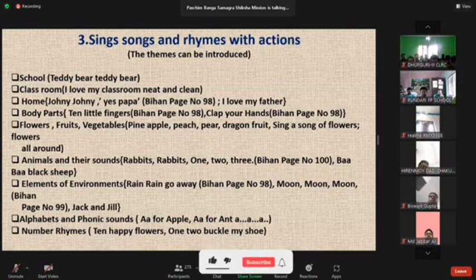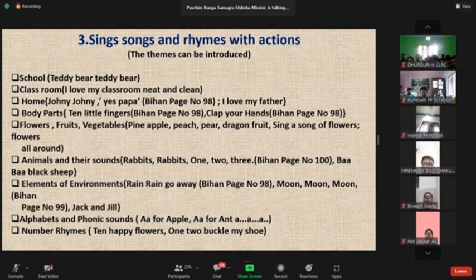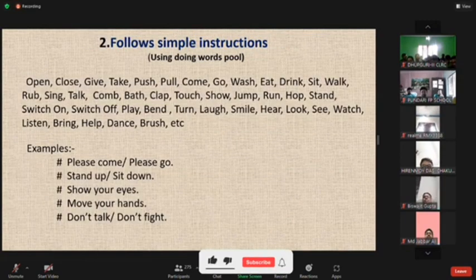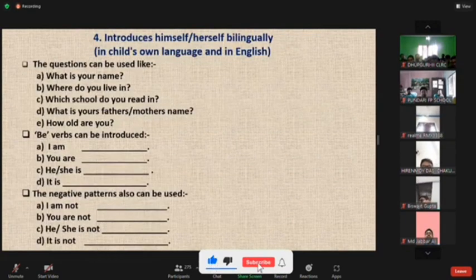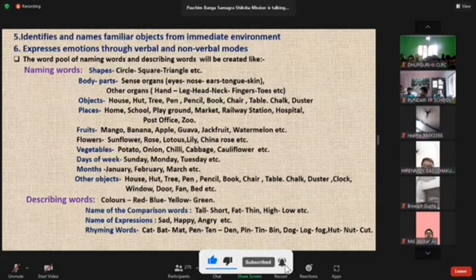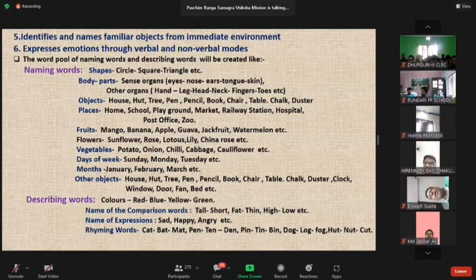Here also we have to prepare two word pools. One is the naming word pool and the other is the describing word pool.